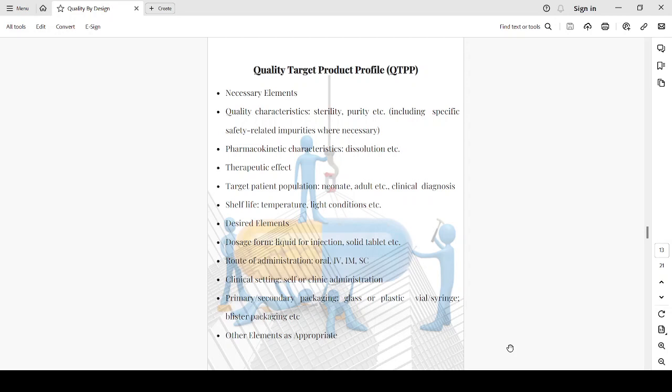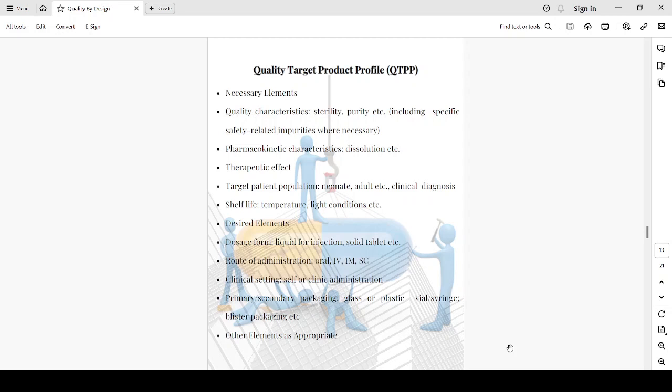In clinical diagnosis, we will have this more focused towards the QTPP, and in shelf life also, it is based on temperature and light conditions, and other things are also involved to predict the shelf life. Desired elements include dosage form, liquid for injections, for example, and solid tablets; other dosage forms are also important parameters in the QTPP.